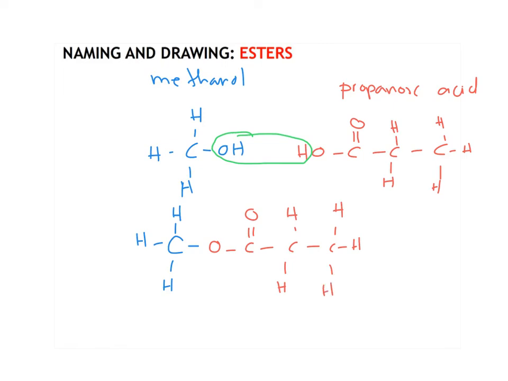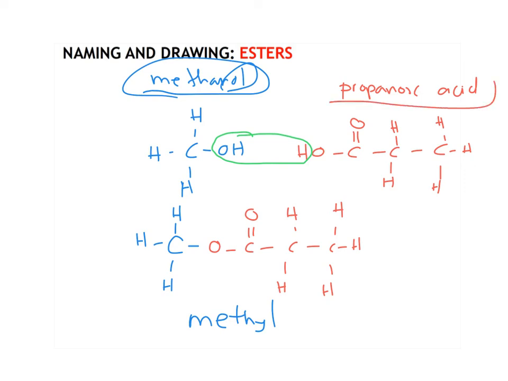When we name esters, the alcohol and the carboxylic acid are very important for the names because the alcohol becomes the start. So if it's methanol, the start of my ester name would be methyl. So whatever the alcohol is, we take the ol and we change it to yl.